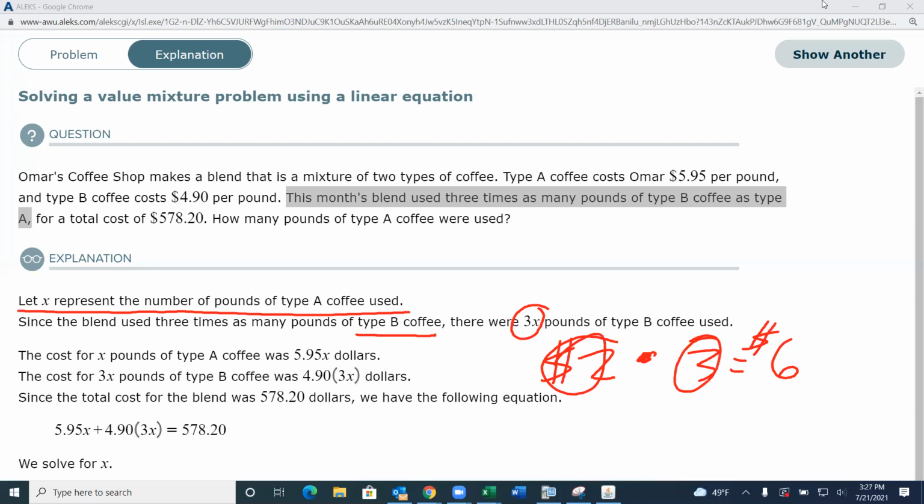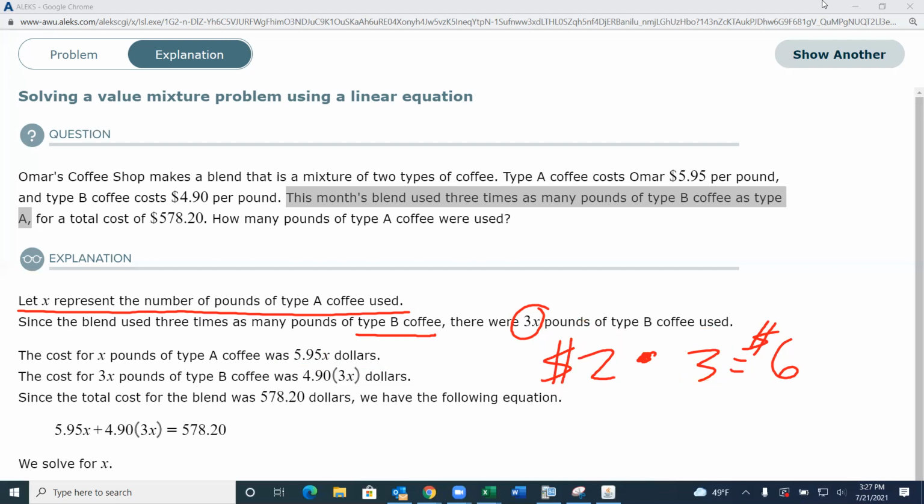Well, that's all we're going to do right here to figure out the total cost for coffee A. So we'll take the cost for each pound multiplied by the number of pounds, kind of like the cost for 1 drink multiplied by the number of drinks.